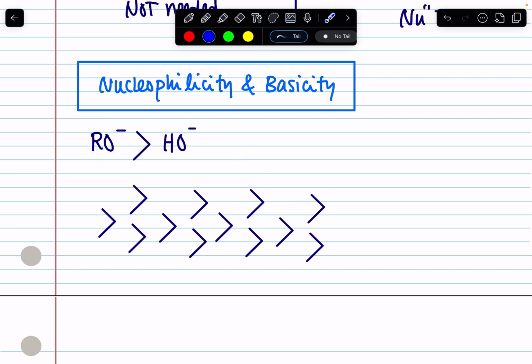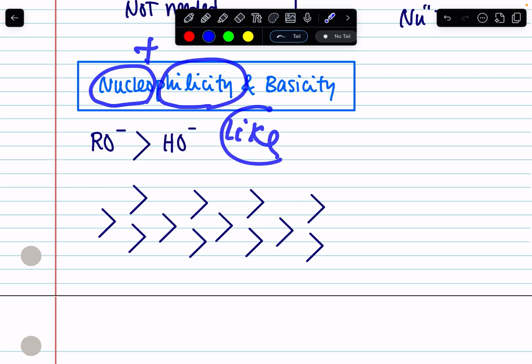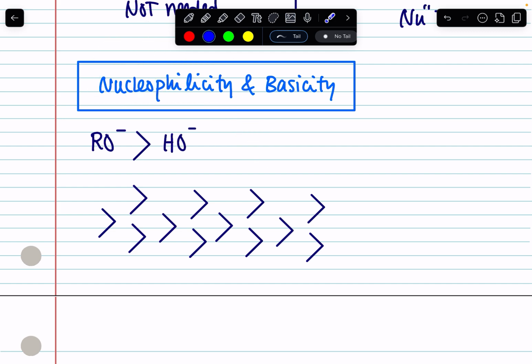Okay, so let me repeat. A negative charge here as a nucleophile is going to want to attack or attach to a positive charge, because these are positive-center philes, or nucleophiles, which means they like positive centers. If you like positive centers, you better have lots of negative electrons or a lot of negative region.